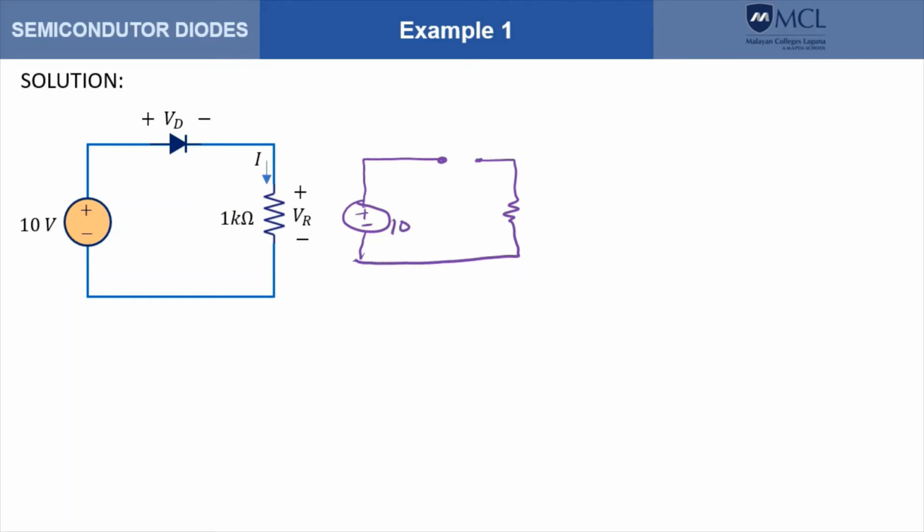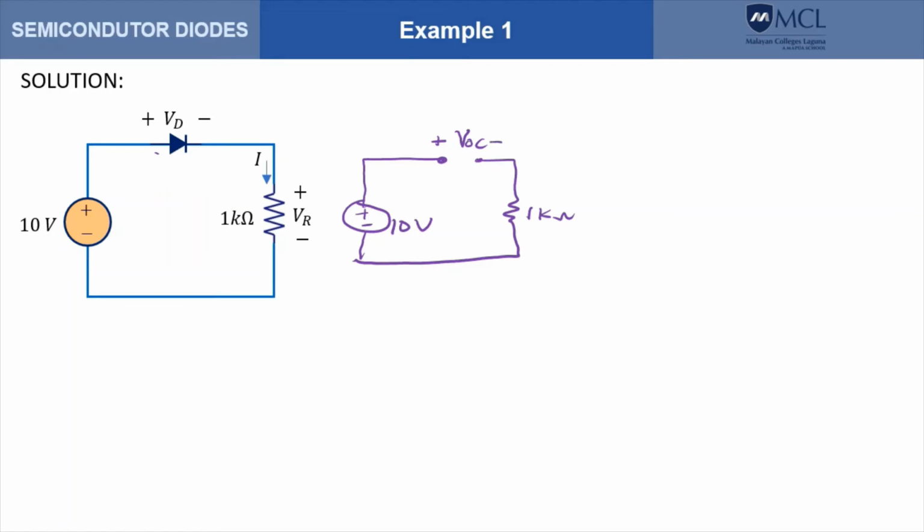This is 10 volts and this is 1 kilo ohms. Now we would like to know the voltage across these open terminals. So let's label this plus, corresponding to the anode of the diode, and this is minus.